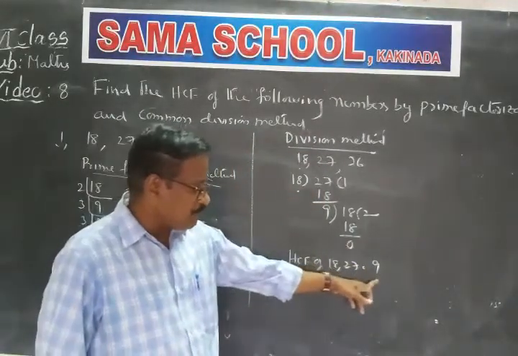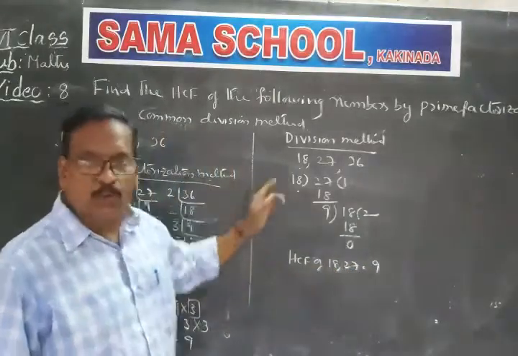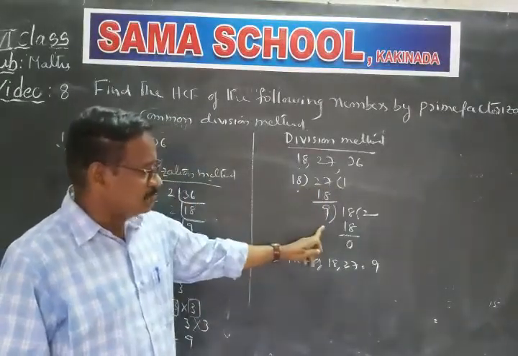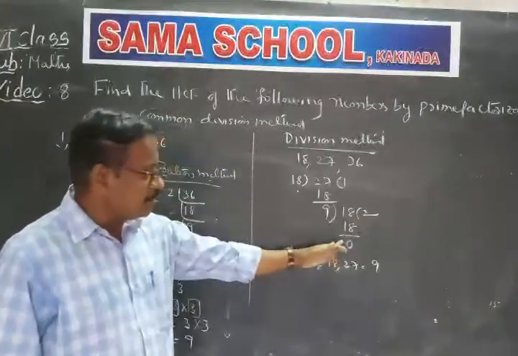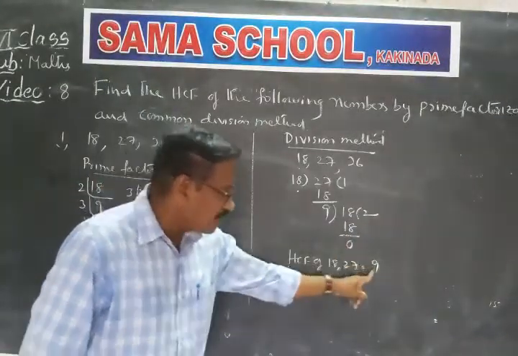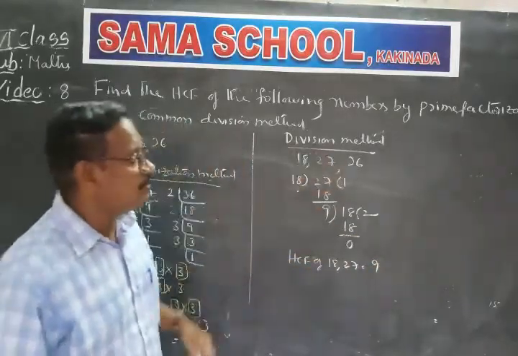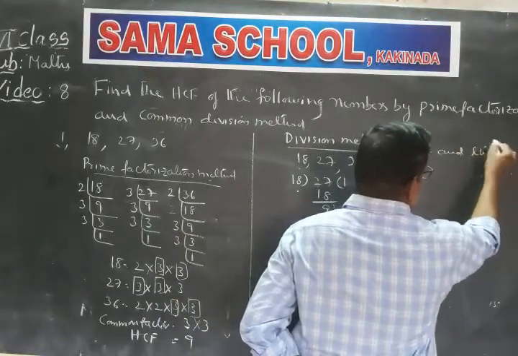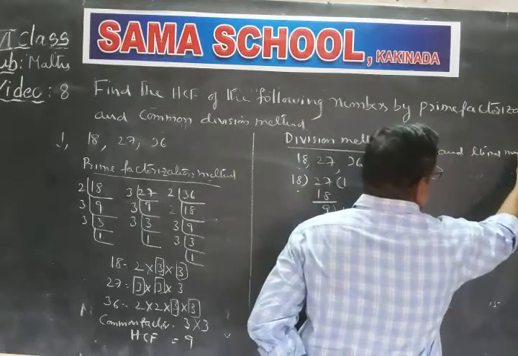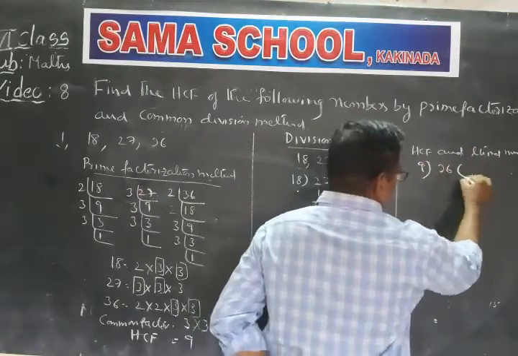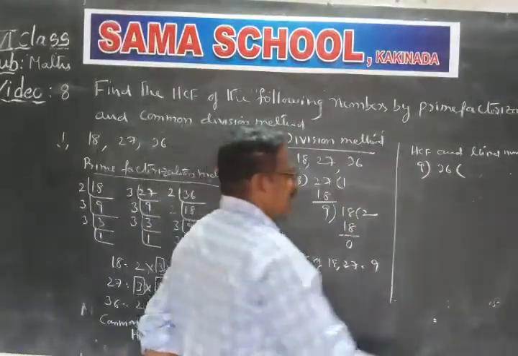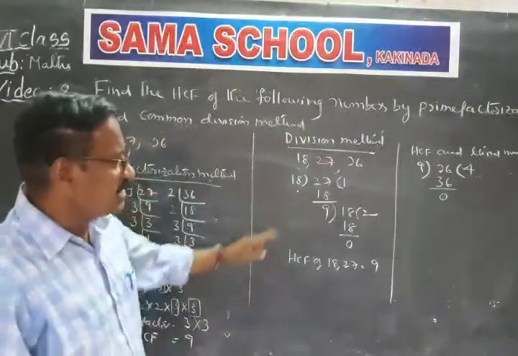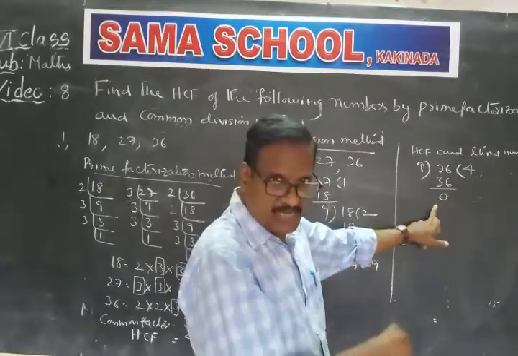Given two numbers, we find the HCF by the division method and get 9. Now take the HCF and the third number. Find the HCF of 9 and 36. 9 how many times is divisible into 36? 4 times, 9 4s are 36, remainder 0. You continue the division until you get 0.